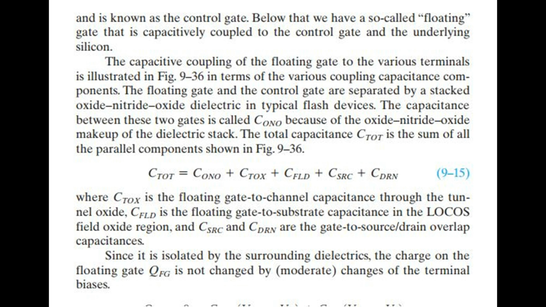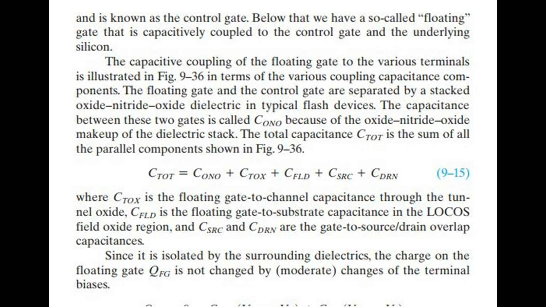The capacitive coupling of the floating gate to the various terminals is illustrated in Fig 9.36 in terms of the various coupling capacitance components. The floating gate and the control gate are separated by a stacked oxide-nitride-oxide dielectric in typical flash devices. The capacitance between these two gates is called C_ONO because of the oxide-nitride-oxide makeup of the dielectric stack.